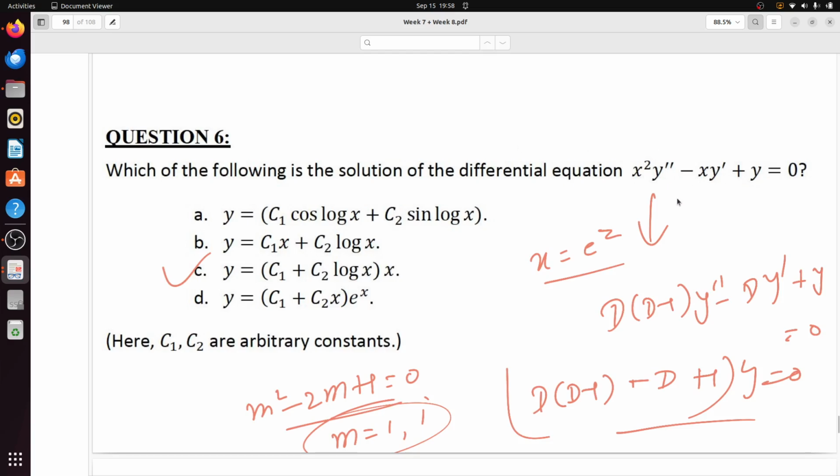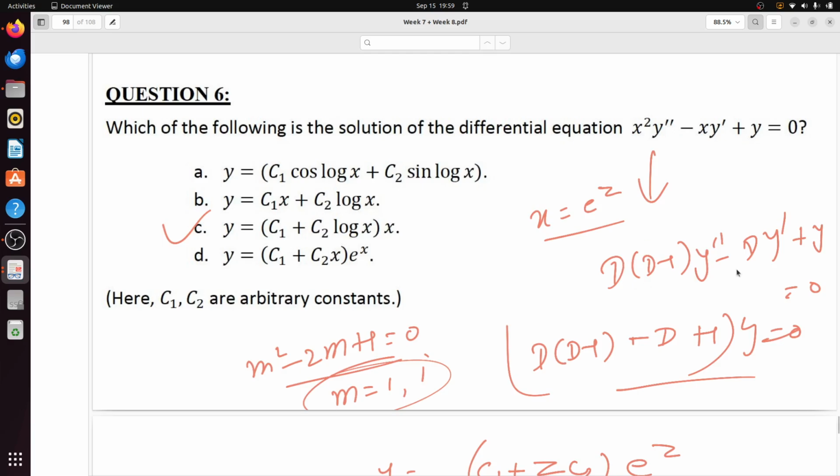x equal to e to the power z transformation, and then that will actually give you theta square minus 2 theta plus 1 operated upon, where you consider theta as d dz.